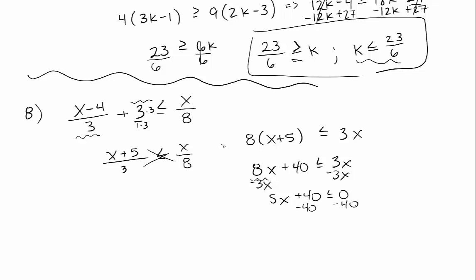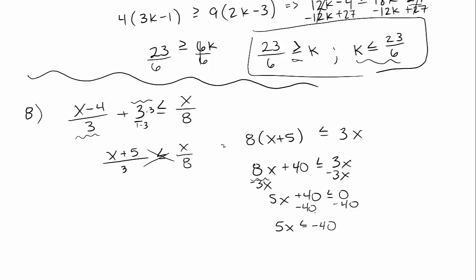I'm manipulating it so I don't have to divide or multiply by a negative, but you don't have to. As long as you're comfortable with flipping the sign when you multiply or divide by a negative, you're going to come out with the exact same answer. And I have 5x is less than or equal to negative 40.